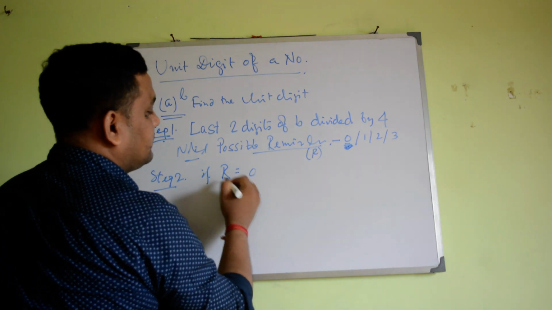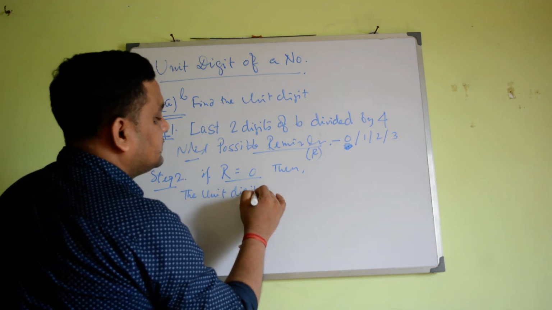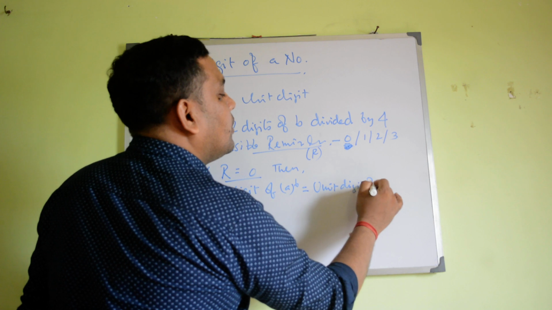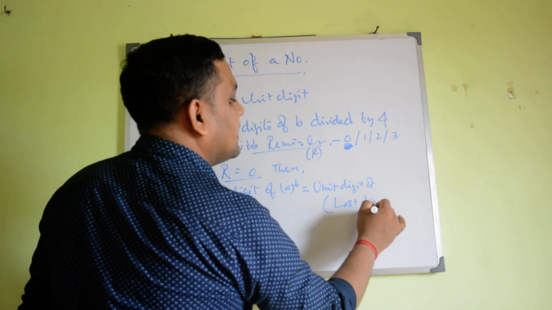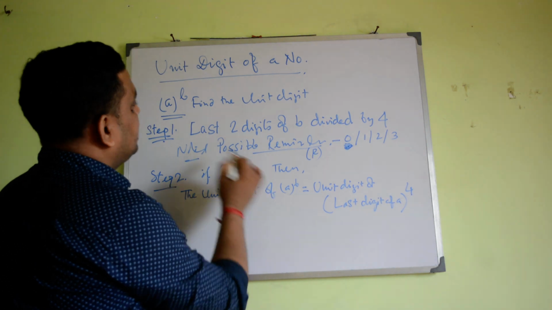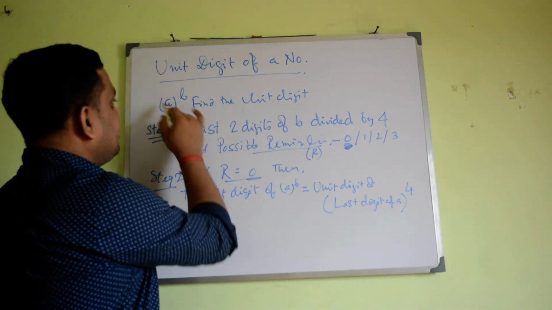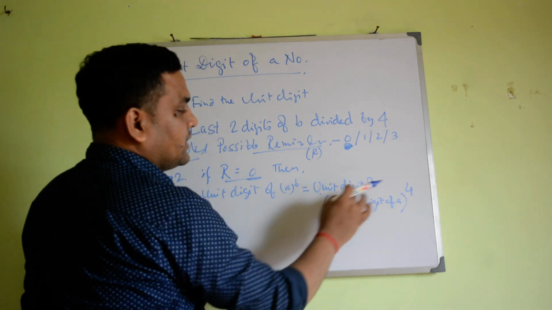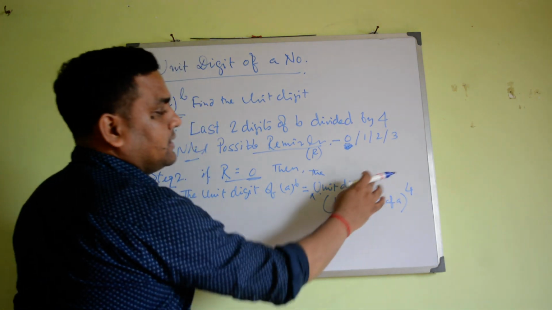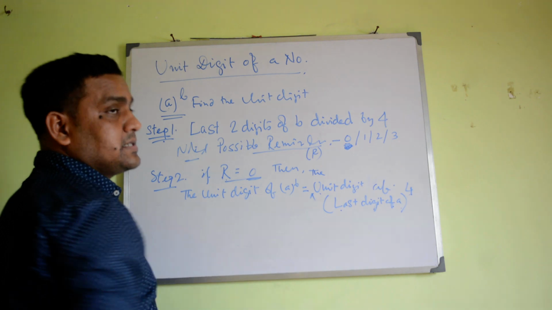If r is equal to 0, that means the number is divisible by 4, then the unit digit of a to the power b is equal to the unit digit of the last digit of a to the power 4. That is, you have to calculate the last digit of a to the power 4.